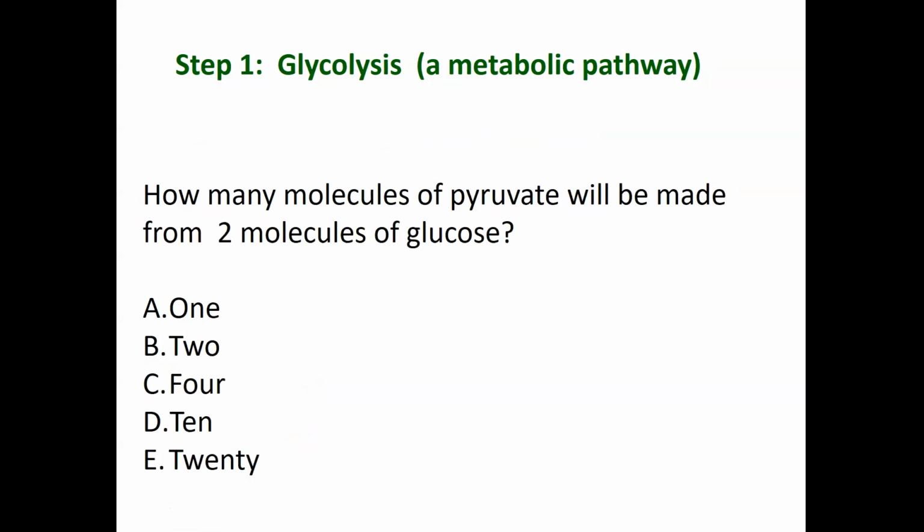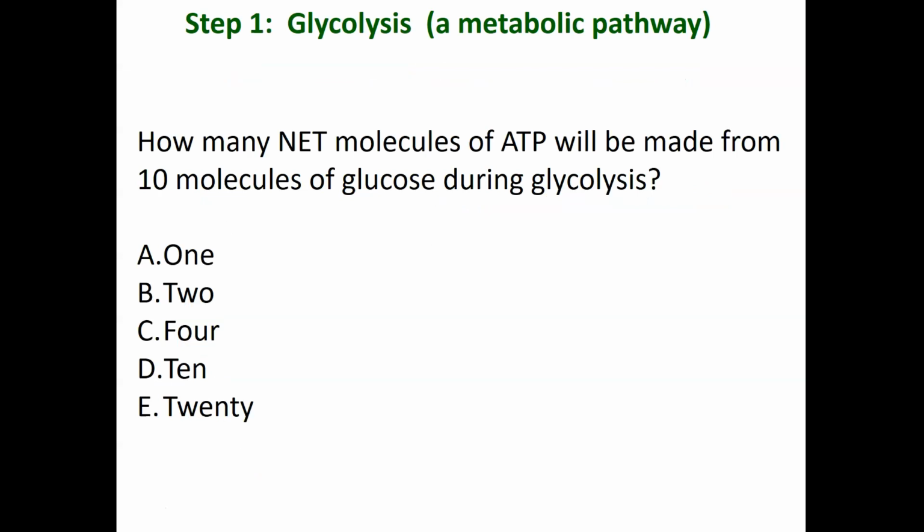So recognizing that, then our question becomes, how many molecules of pyruvate will be made from 2 molecules of glucose? The correct answer is C, 4. So if 1 molecule of glucose makes 2 pyruvates, then 2 molecules of glucose will make 4 pyruvates.